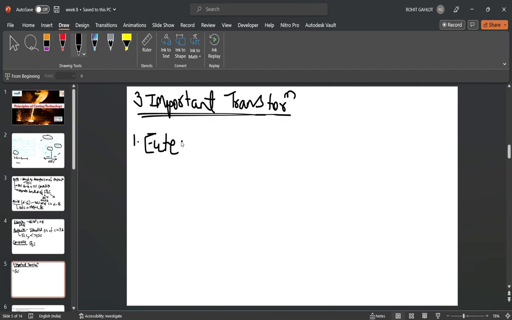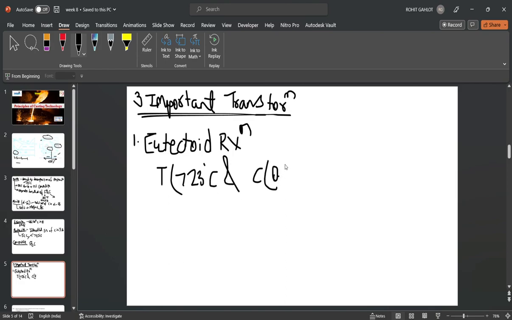The first one is the eutectoid reaction. It happens at a temperature of around 723 degrees centigrade, and the carbon content is around 0.8%.